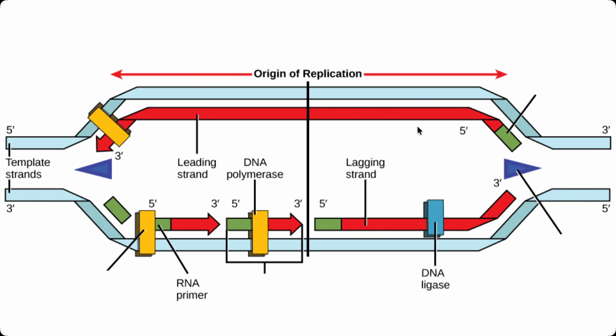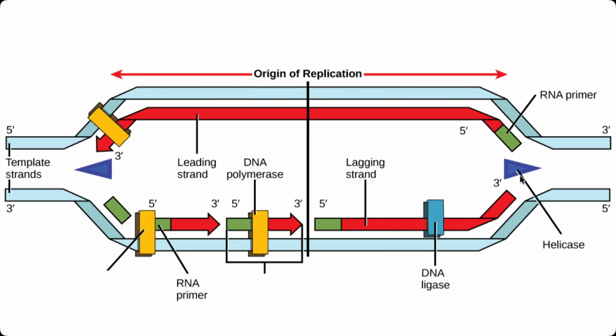This diagram is very important. It does contain some enzymes that we don't care about, like DNA ligase. We don't care about it. But I do want you to, at the very least, fill it in because it is in your notes. So remember, these little guys are RNA primers. Pick a color. This diagram is green, but pick a color so that you are able to color it in if possible, so that you know that, okay, that's an RNA primer. Oh, these are also RNA primers, right? We've got ourselves helicase.